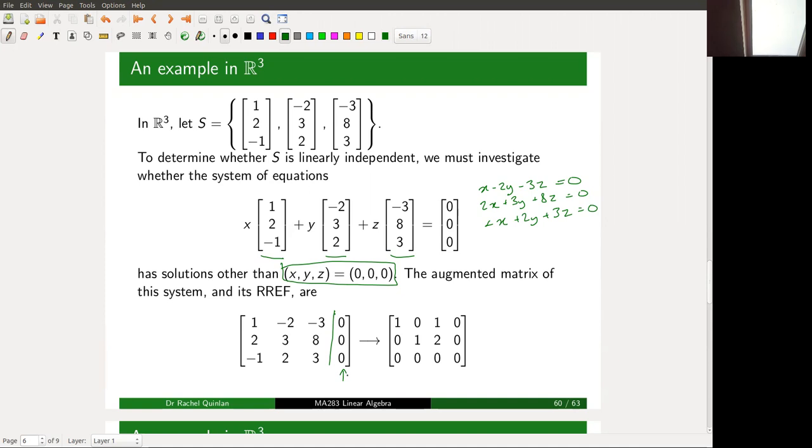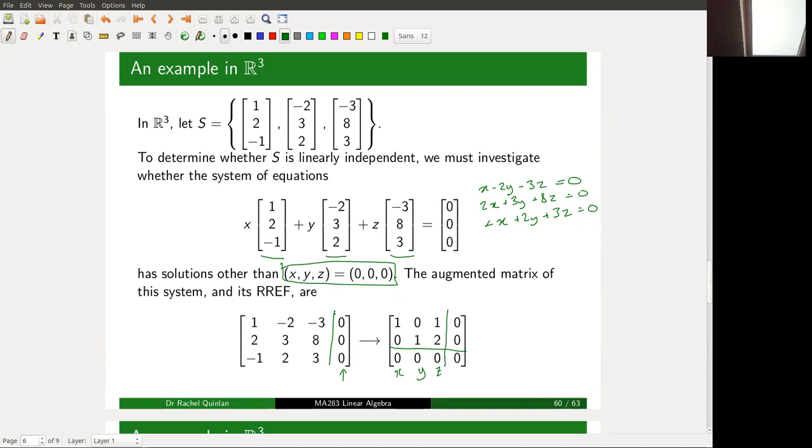Okay, and indeed, if you apply elementary row operations to this system, you can already notice that the first and the third row are scalar multiples of each other. So we are going to get a row full of zeros in the reduced form, because adding the first row to the third one already gives us a row full of zeros. And here is the row reduced echelon form. These three columns correspond to the three variables x, y, z, and the fourth column to the right-hand side of the system.